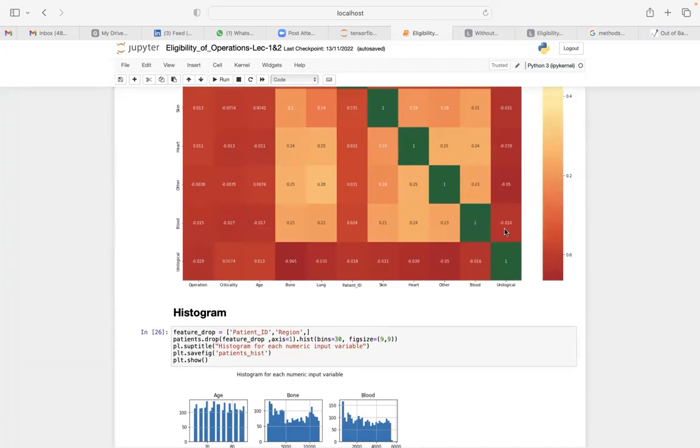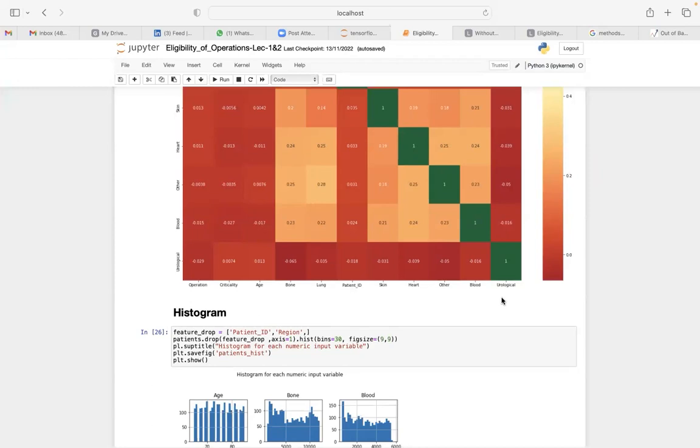If it is like 0.80, 0.90, and if you consider heart and blood, it's 0.24. If it is like 0.70, 0.80, that means whatever indication my blood is giving, the same indication my heart is giving, the same indication that my urological column is also giving.